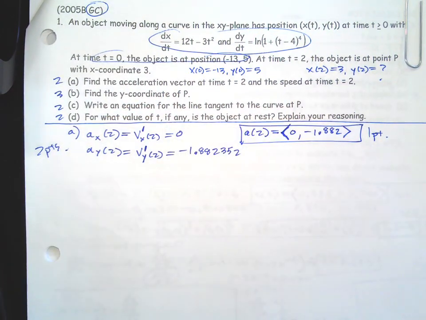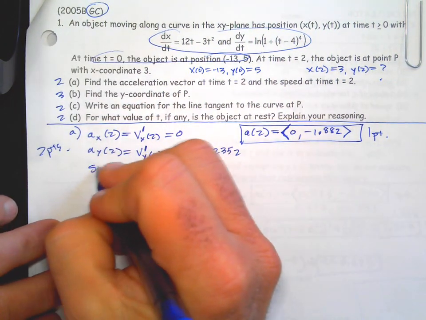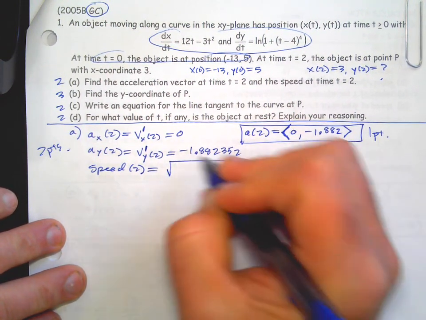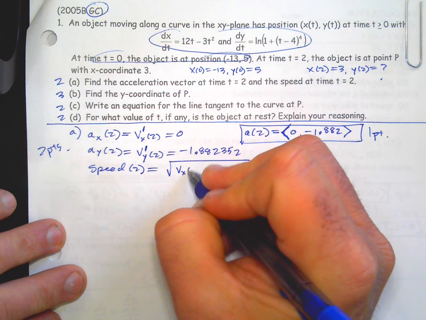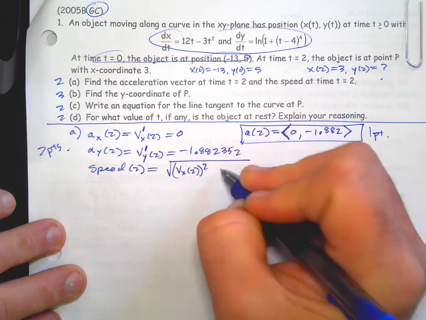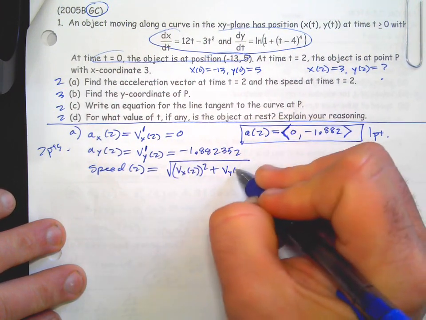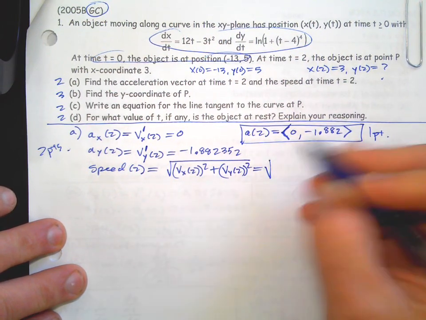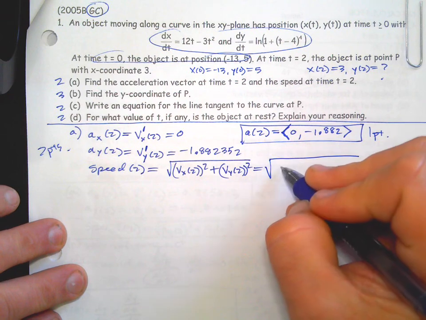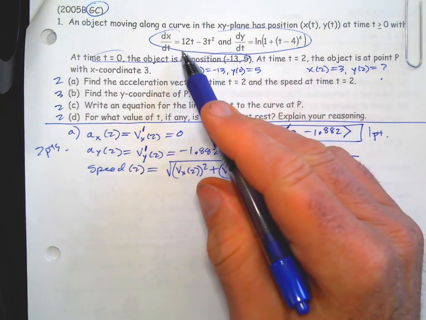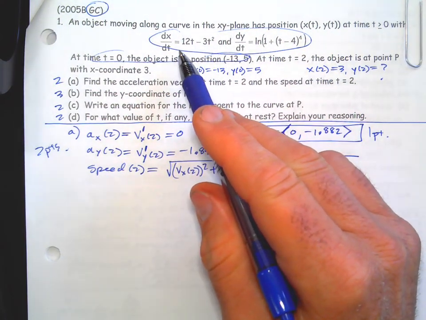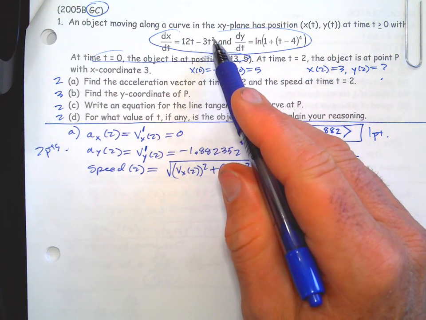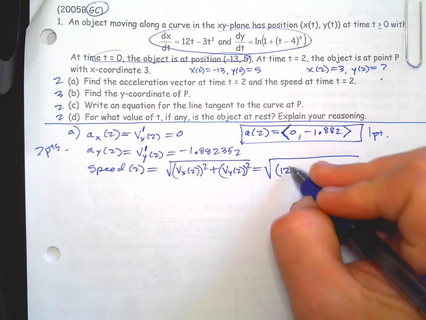Okay, the speed at time 2 is going to be the square root of the x velocity at time 2 squared plus the y velocity squared. That's it, and we could put these in. Velocity x is going to be 24 minus 12, which is 12, squared.